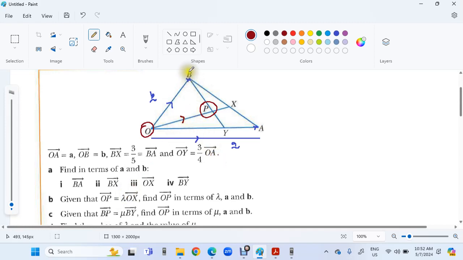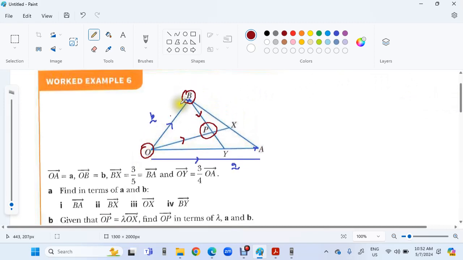BP, from B to P, is mu BY. So we look at the three points circled: O, B and P. We find out the relationship between these three points.